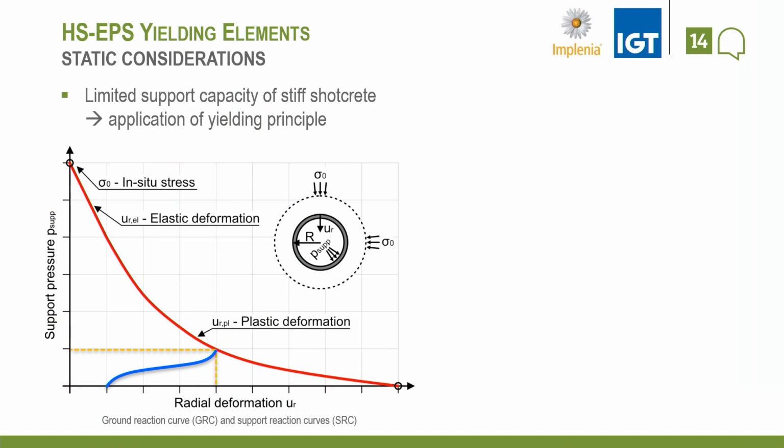This means we allow a certain amount of deformation, and with this we can reach equilibrium with the ground with a reduced support pressure. The only two things you have to consider here: you have to make some over-excavation to finally fulfill the clearance profile, and on the other hand you need a lining which is capable to take the high strains of this deformation of the tunnel.